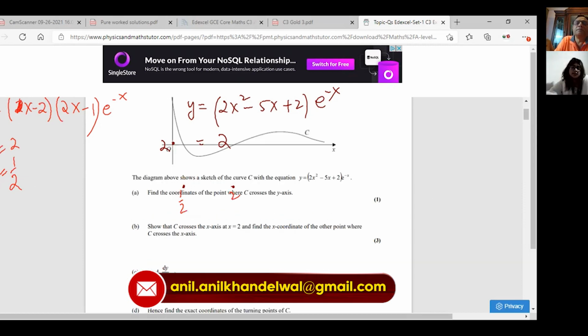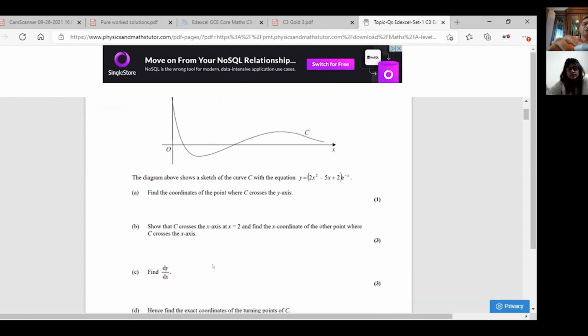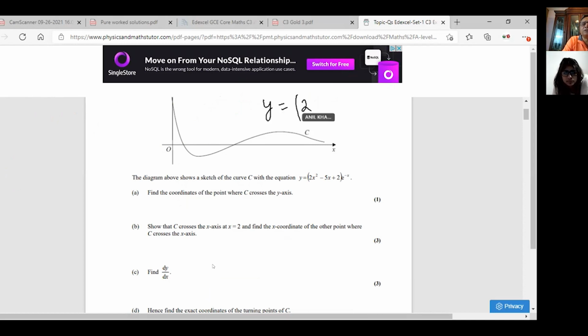Now what is part C? Find the first derivative. That is where you're getting stuck. Find the derivative. So y equals 2x squared minus 5x plus 2 times e to the power of minus x. You'll apply the product rule, right? You want dy/dx.